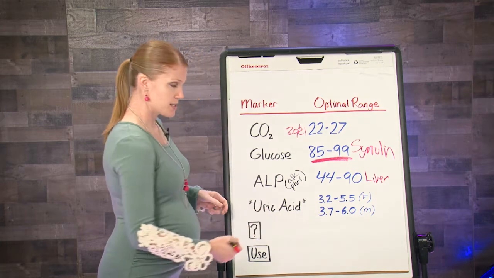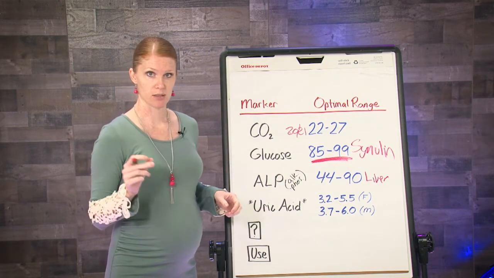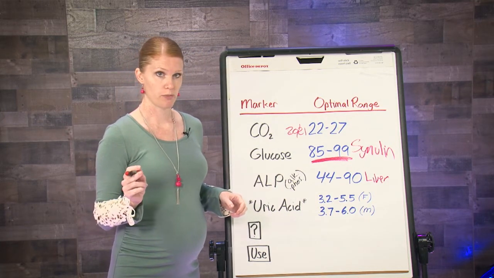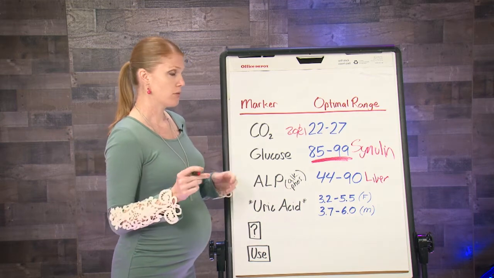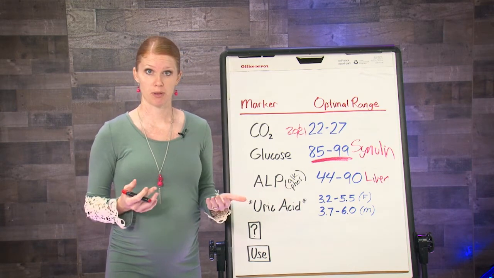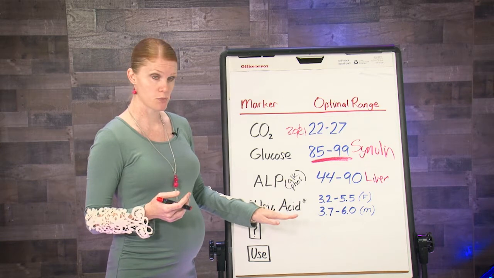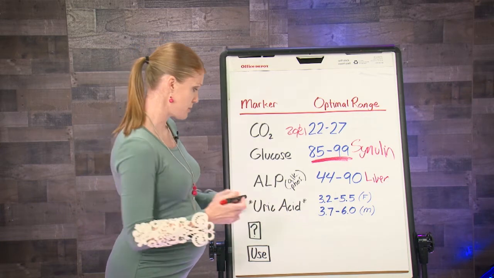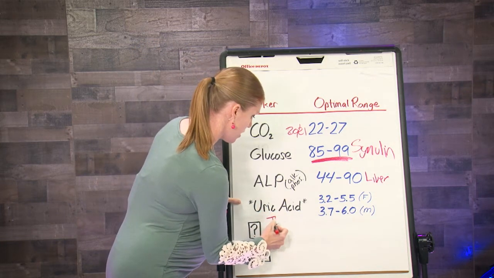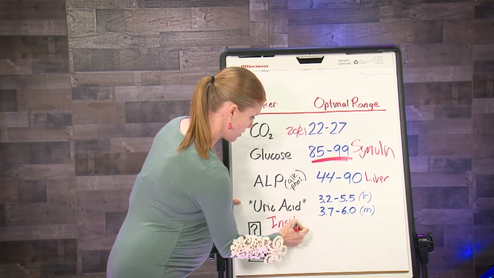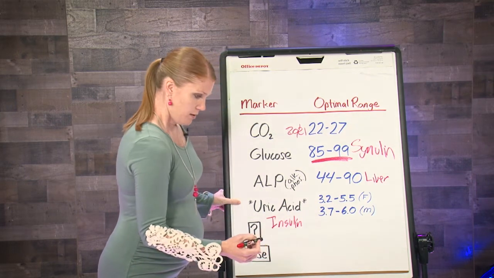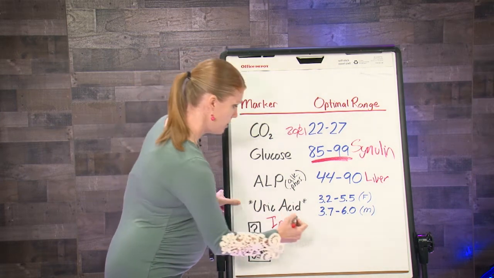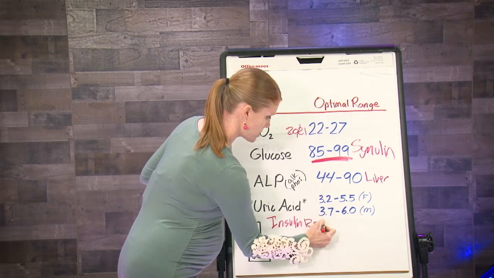If you have uric acid high, and I'm going to touch base on this on another webinar, so be sure you catch up on how to create a treatment plan with labs, because I'm going to go in depth about this later. But if that's high and they have a really ugly lipid panel, we're looking at insulin resistance.